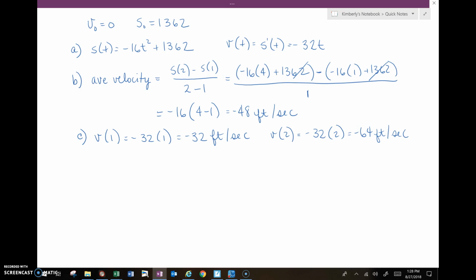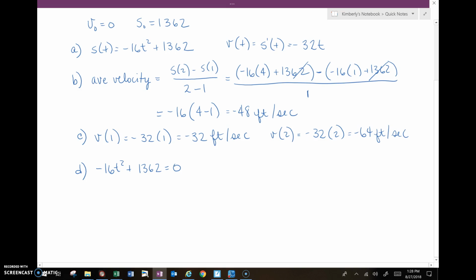D wants to know the time required for the coin to reach ground level. And so whenever something hits the ground, that's when its position, or its height in this case, is 0. So we're going to set negative 16t squared plus 1,362 equal to 0.